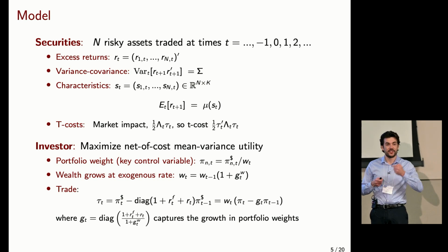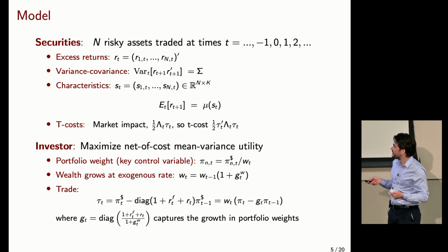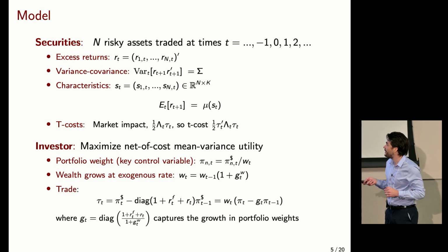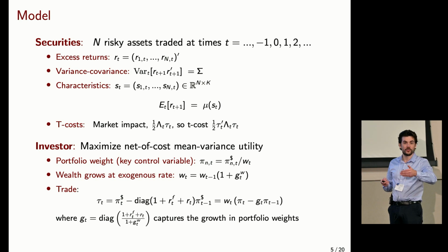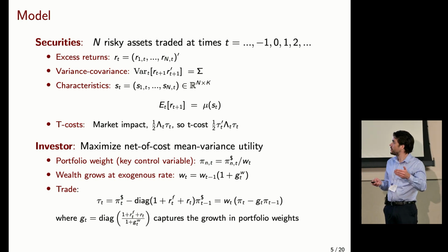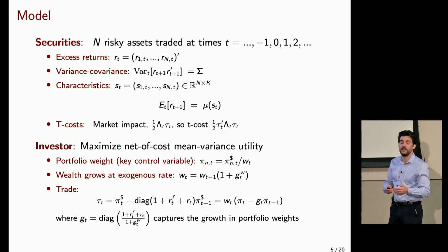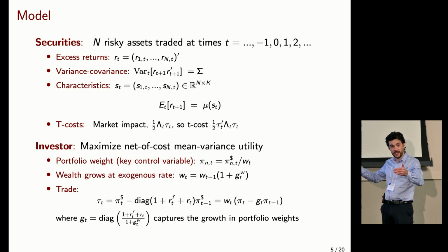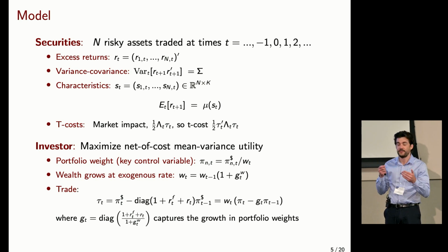Then in terms of the actual trade that you have to make, the way that will happen in reality is that you have the dollar amount that you want to hold today at time t. To see the amount of dollars that you have to trade, you have to take this relative to the dollar amount that you traded the last period, but also take into account how the returns of these underlying stocks have played out.